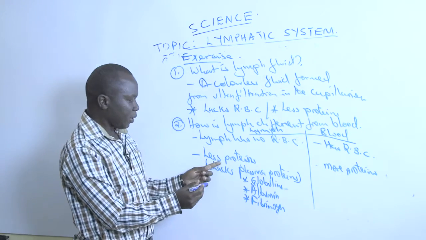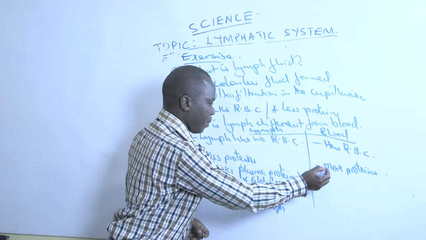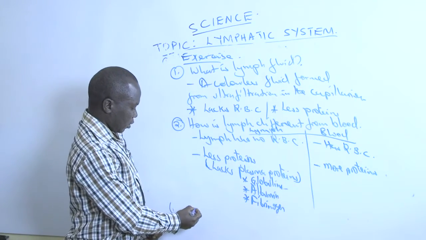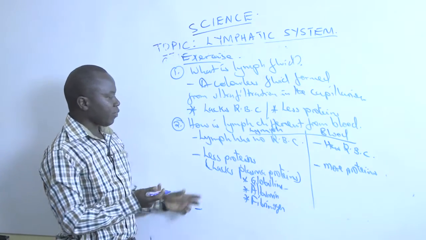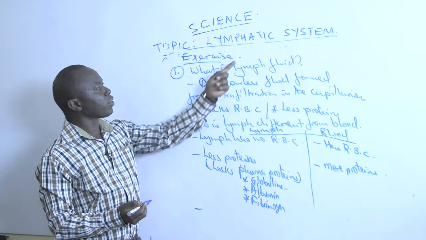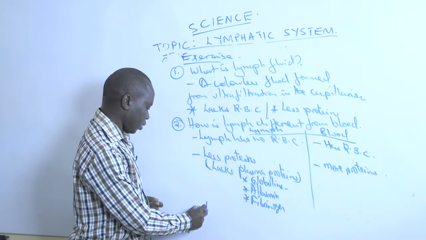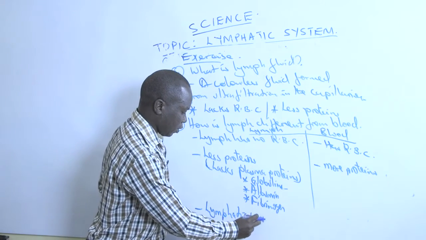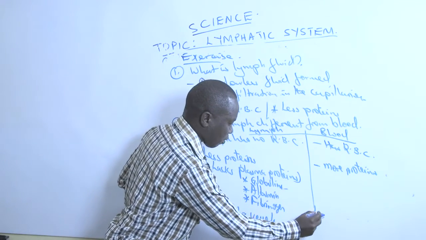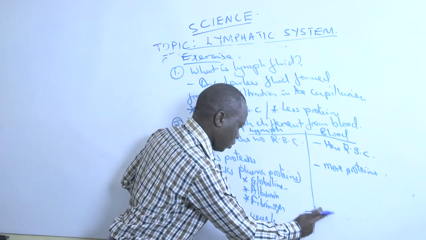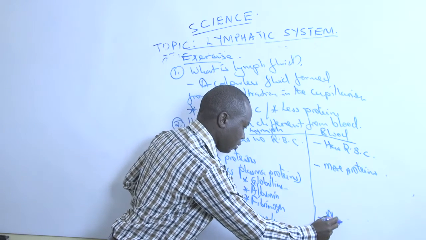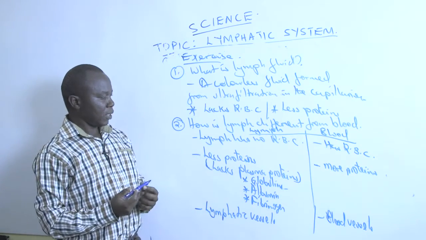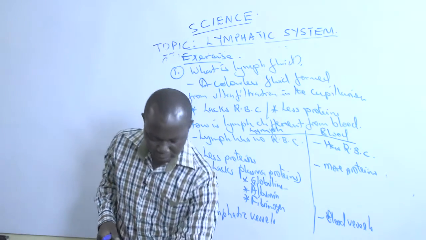When you say less, it means we could be having some, but blood has more proteins. And then in terms of where it flows, we have already found that lymph flows through lymphatic vessels. Blood will flow through blood vessels. We came across several of them: arteries, veins, and capillaries.